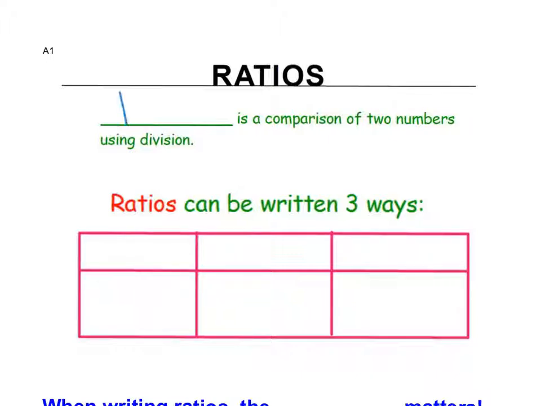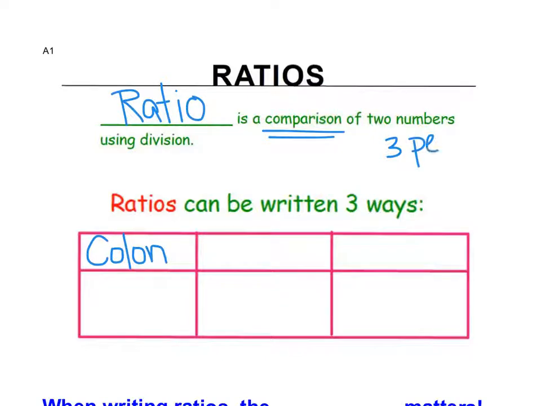Okay, whenever we talk about a ratio, we are referring to a comparison or a relationship between two numbers. Ratios can be written three different ways. We can write them using a colon. Okay, so let's say that we have 3 pencils and 1 pen.